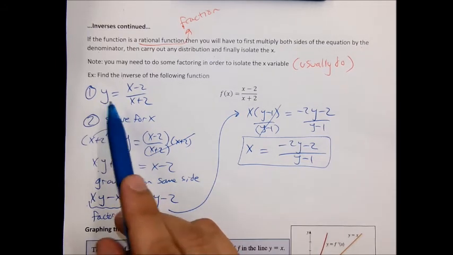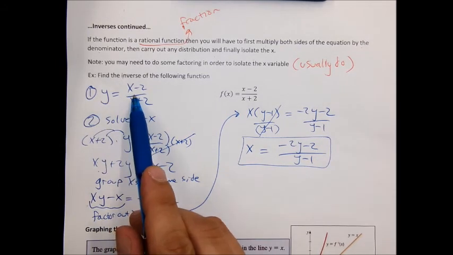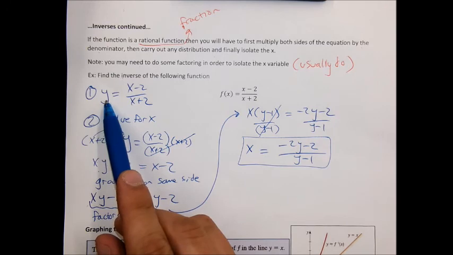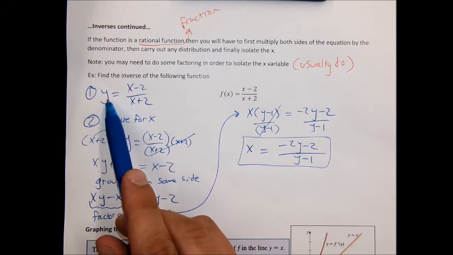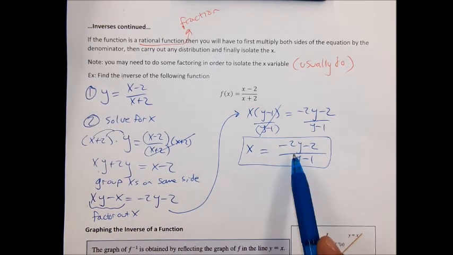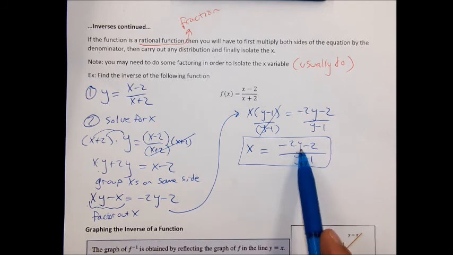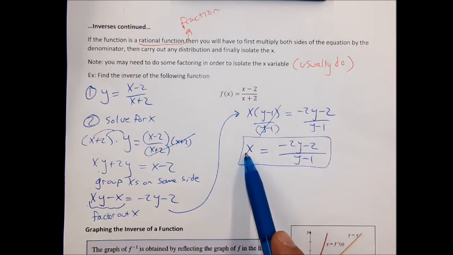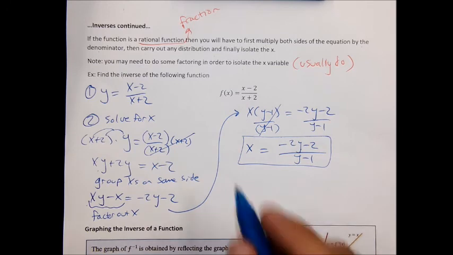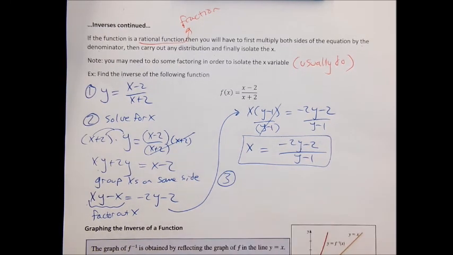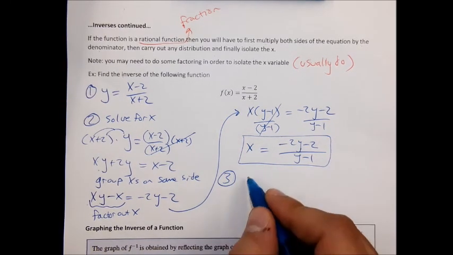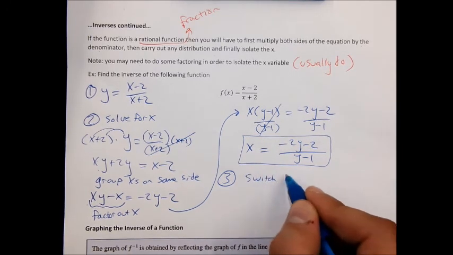And so again, we started with something that said y equals, and so that outputs y's, right? It inputs x's and outputs y's. And we ended with something that says x equals, and so that inputs y's and outputs x's, which is exactly what we were looking for. And then if we want to write down the inverse in terms of x, we just switch x and y.